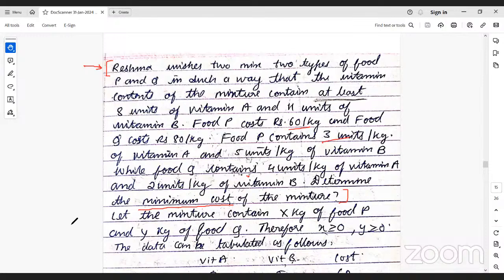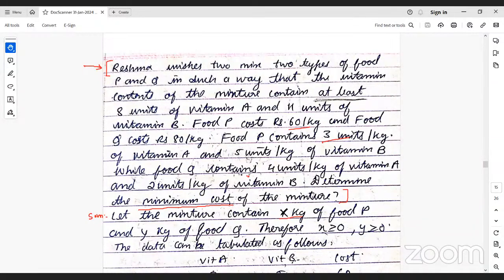So the first step in the solution, we are considering: let the mixture contain x kg of food P and y kg of food Q. Whenever we are considering some items in kg, for physical appearance it must be greater than 0.